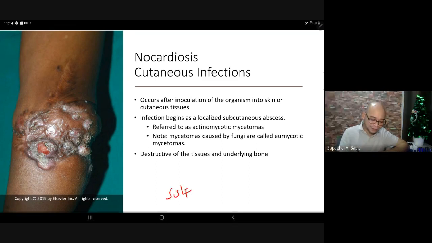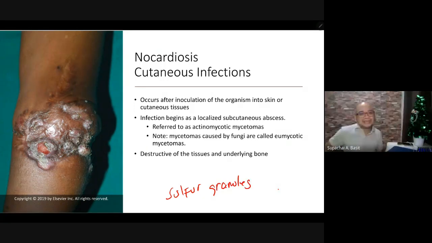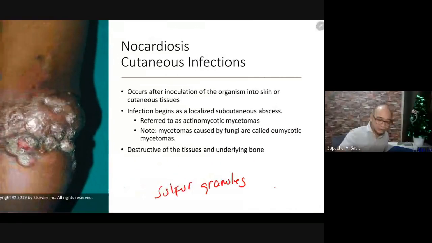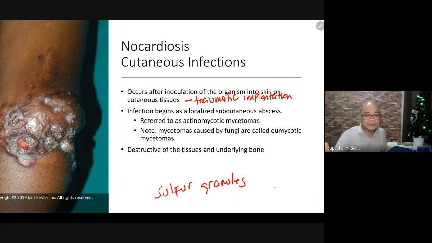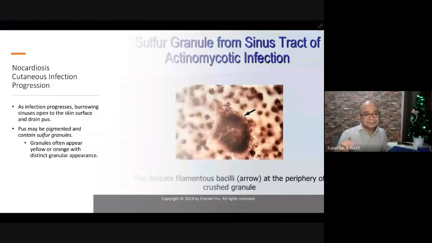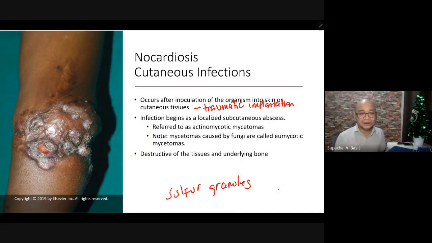So there are active sulfur granules. It occurs after inoculation of the organism into skin or cutaneous tissue. As I've mentioned, there is what you call traumatic implantation. Infection begins as a localized subcutaneous abscess, referred to as actinomycotic mycetoma.